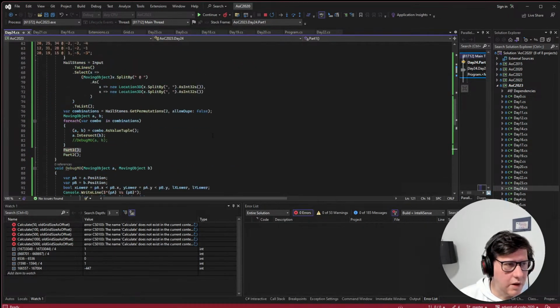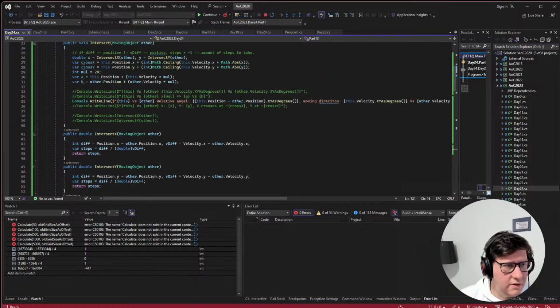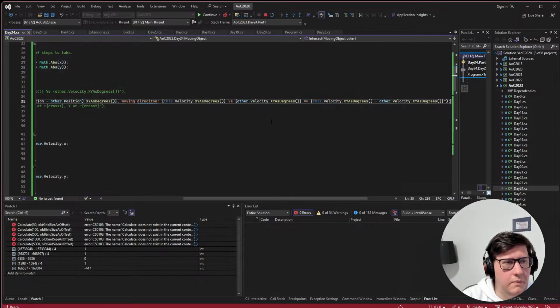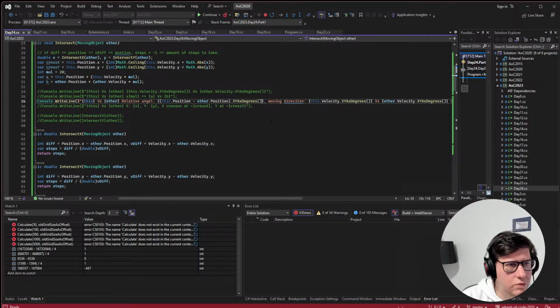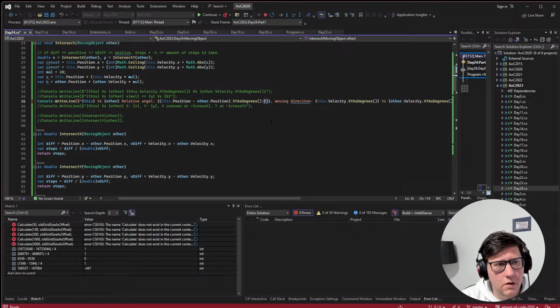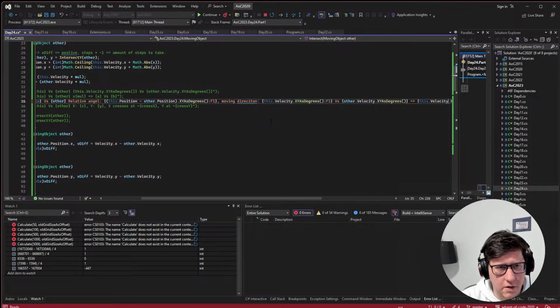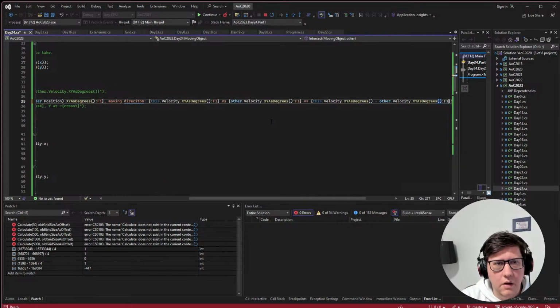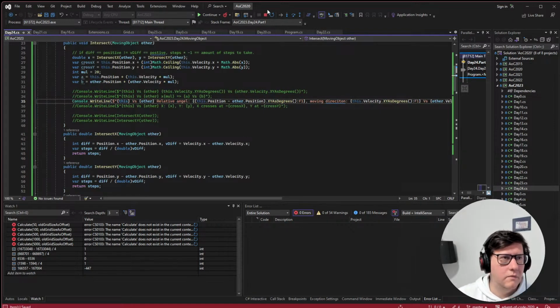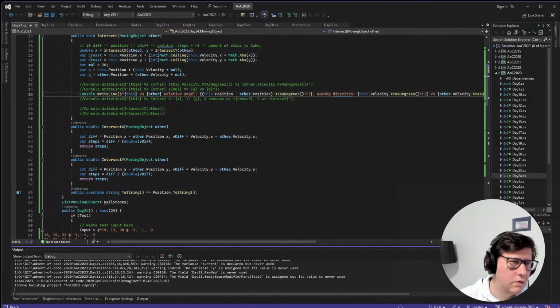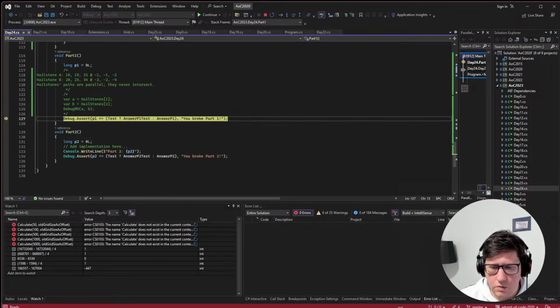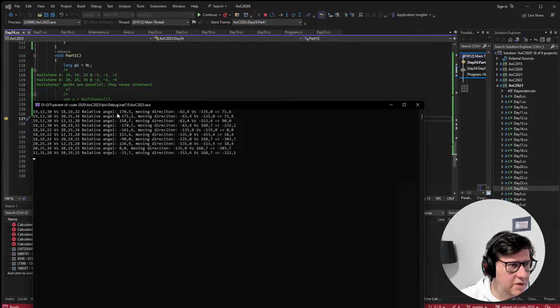I should probably just round this to make it easier to read. One decimal here, just for easier reading. So let me see.